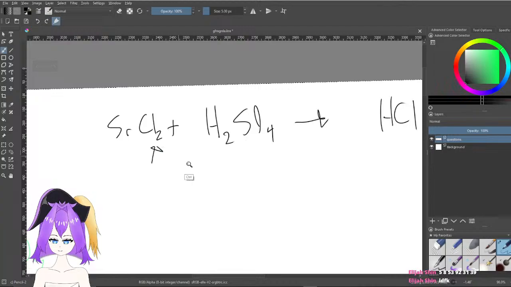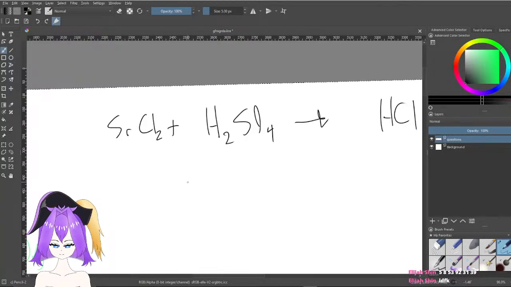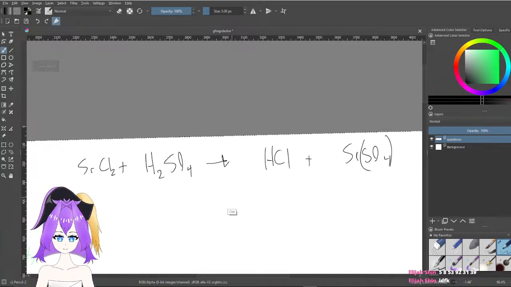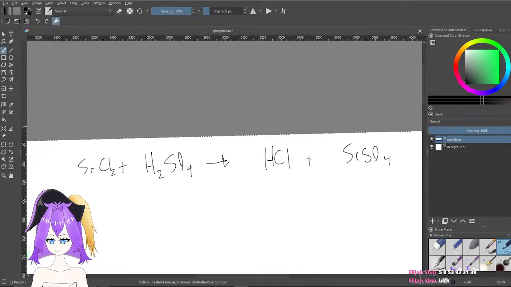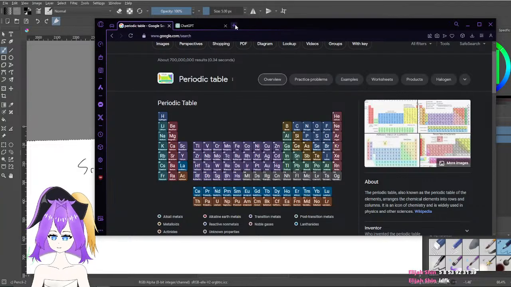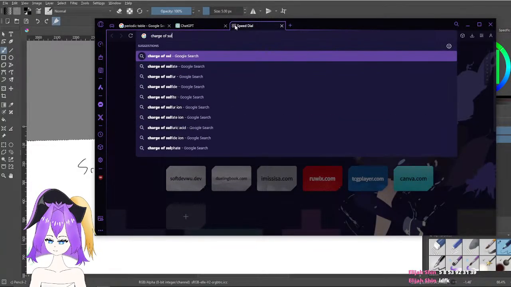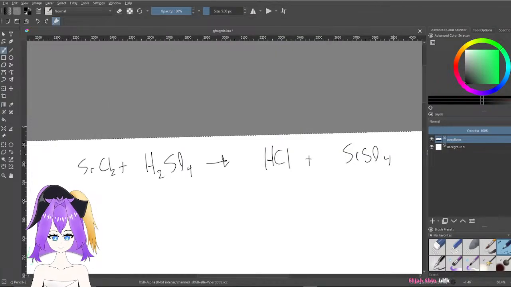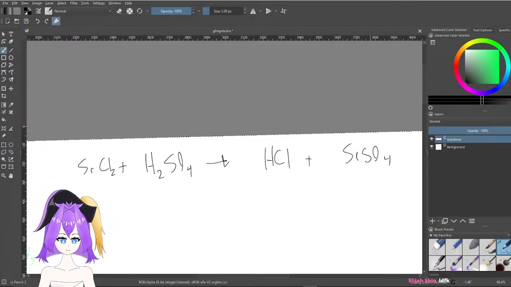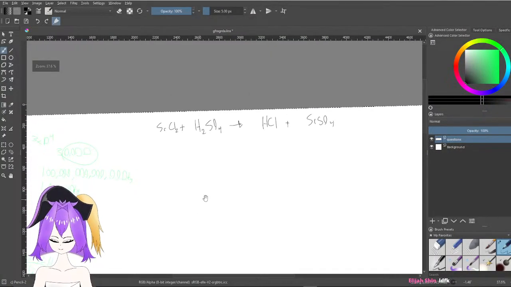Oh no, it's because sulfate also has a charge of 2. Let me absolutely double check the charge of sulfate. Okay, yeah, sulfate also has a -2 charge, so we're chilling. I am not being stupid.